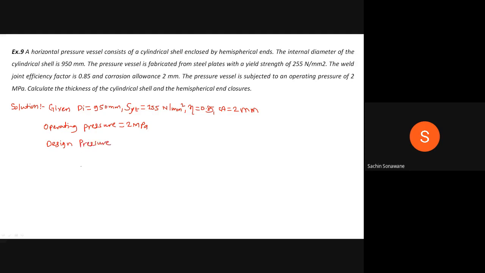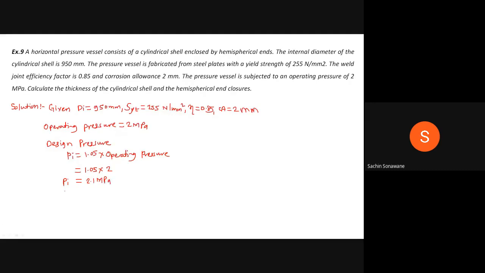Design pressure PI is equal to 1.05 times operating pressure, which is equal to 1.05 into 2, which is 2.1 megapascal.